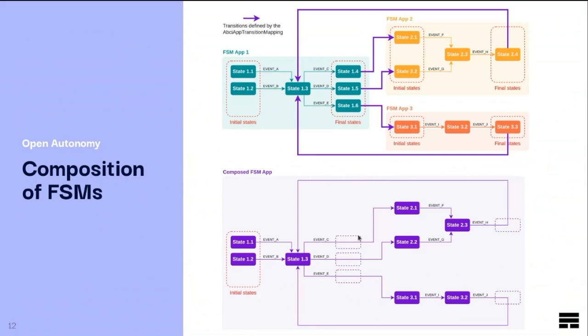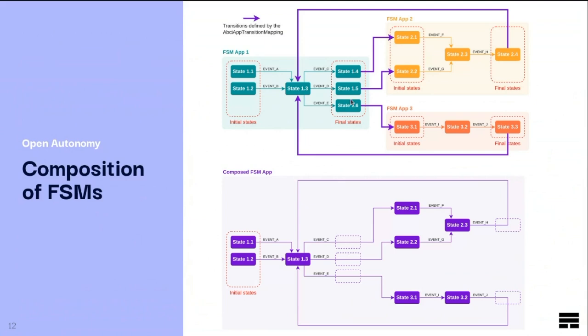And this is the result. After I apply this composition of these 3 finite state machines, this is the resulting finite state machine. As you can see, these final states, we don't do anything on these states. These are just placeholder states, which is why they are ignored when I compose the finite state machine. They are actually removed.